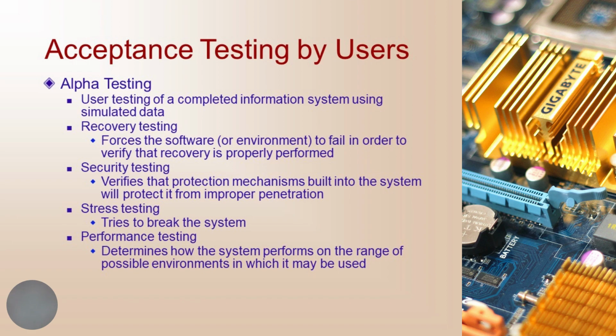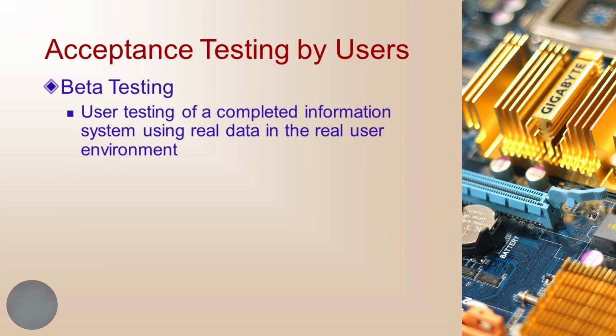Stress testing tries to break the system. Performance testing determines how the system performs in the range of possible environments in which it may be used. Beta testing: user testing of a completed information system using real data in the real user environment.